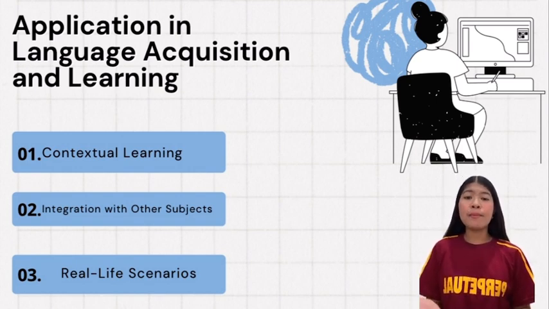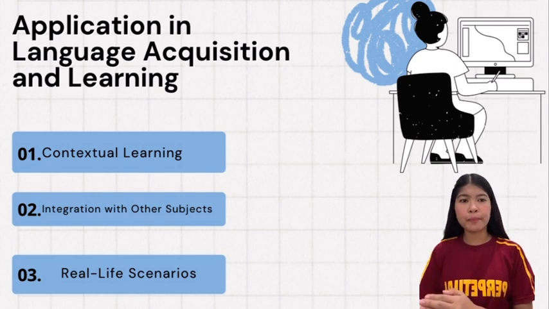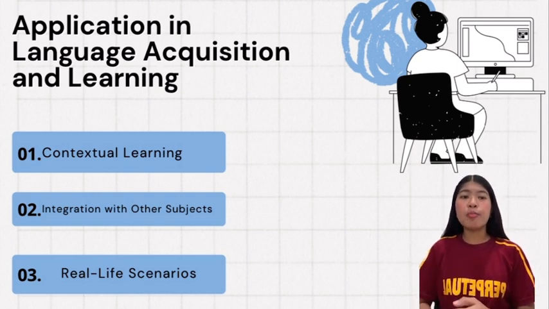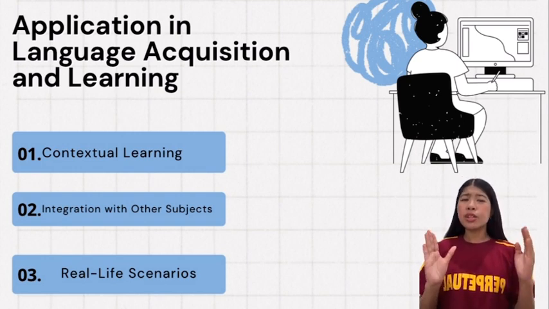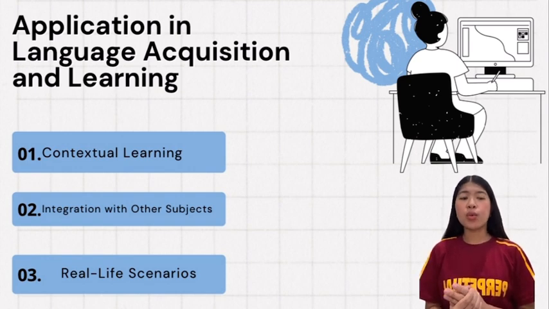For instance, while exploring the concept of cultural diversity, students would learn vocabulary, grammar, and expressions related to this theme. This helps students understand how the language is used in real-life situations, making language learning more intuitive.